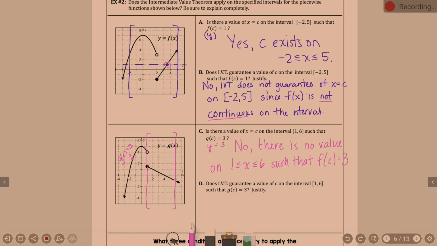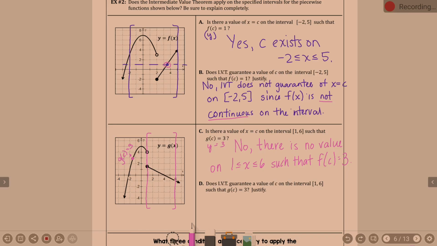Okay, so now the key is, you guys already talked continuity for me. On 1 to 6, we can see that it is continuous, but we also know it doesn't exist, so what's the other piece of this? The other piece, if you go back to the previous page where it says using if-then statements: if a function is continuous on a closed interval and f of a does not equal f of b, then f of x takes on every value between f of a and f of b.